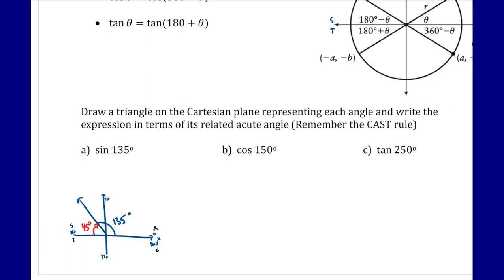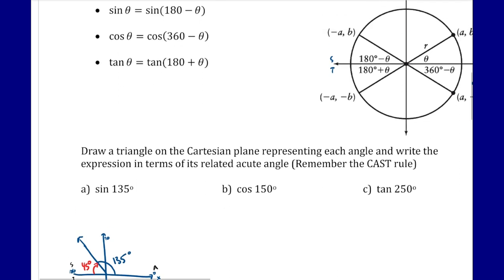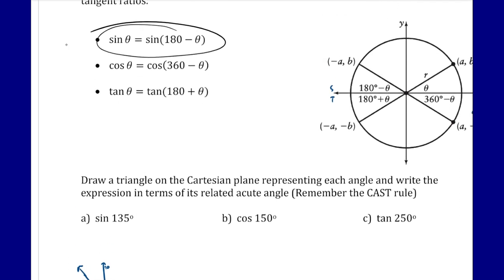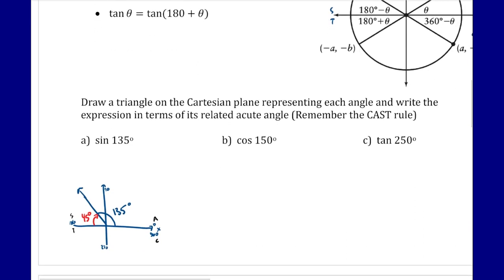So if sine of 135 is positive, that means 45 would also be the related acute angle, right? Because one way to get our other sine option is 180 minus theta. So if I have 135, that's the same thing as saying sine of 45.